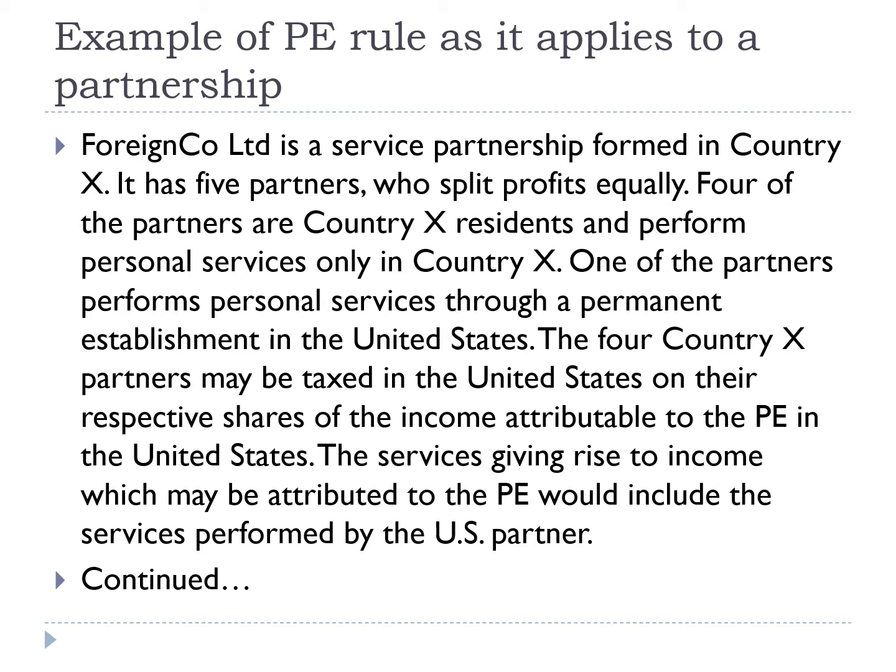The 4 Country X partners may be taxed in the United States on their respective shares of the income attributable to the permanent establishment in the United States. The services giving rise to income which may be attributed to the PE would include services performed by the U.S. partner. This example is continued on the next slide.